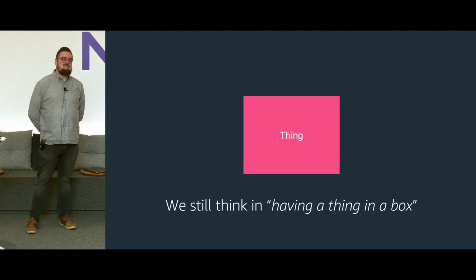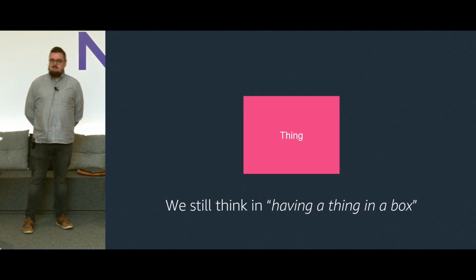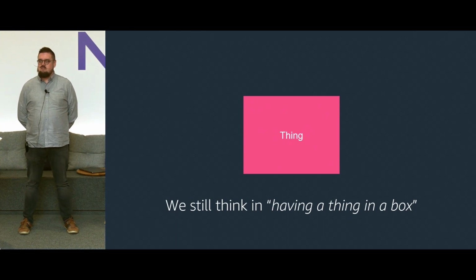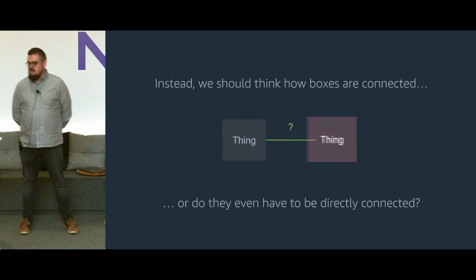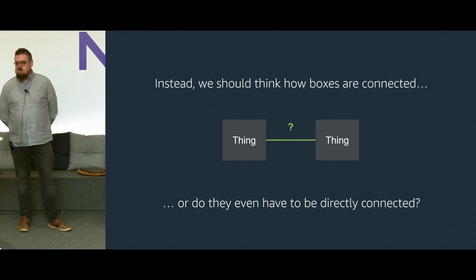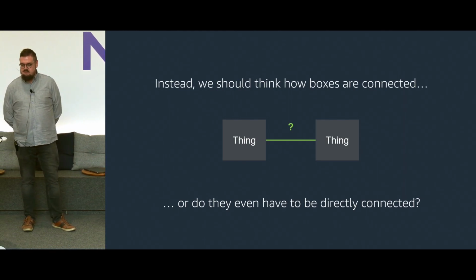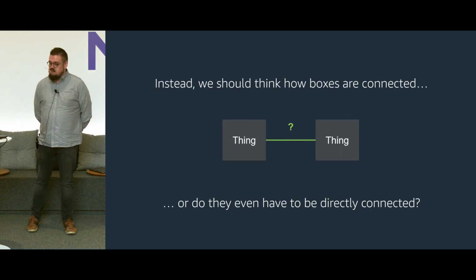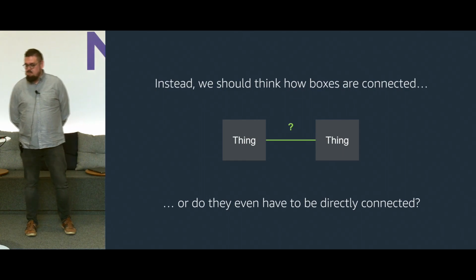And I'm not talking about, for example, monoliths versus microservices from a technical point of view. I'm more talking about the mental model that we still quite often have. Instead, what I at least think is more interesting is how the different boxes are connected, whether they are tightly coupled or loosely coupled.